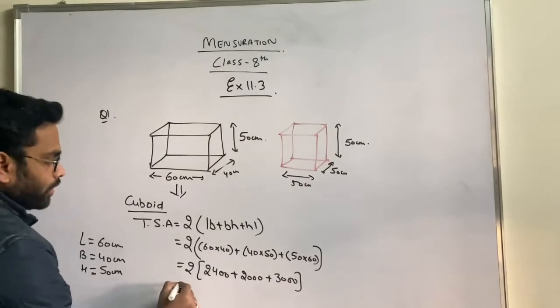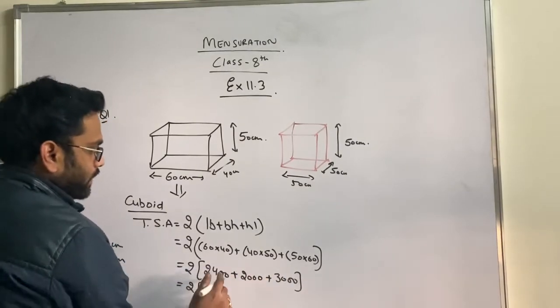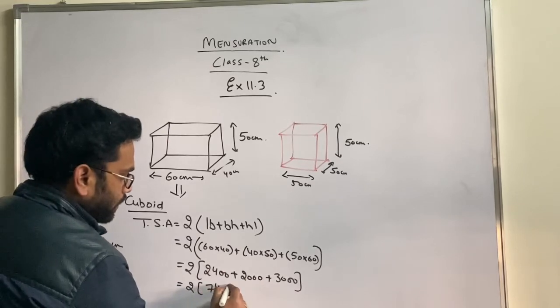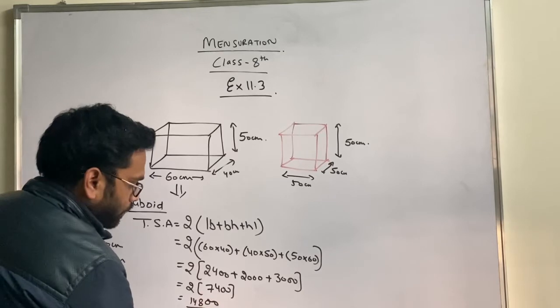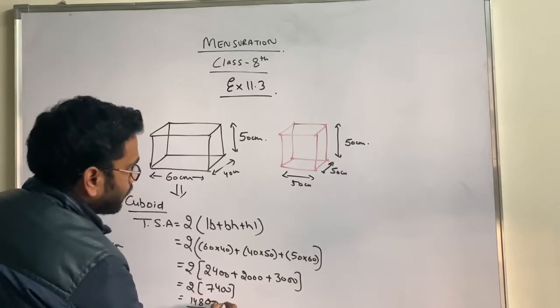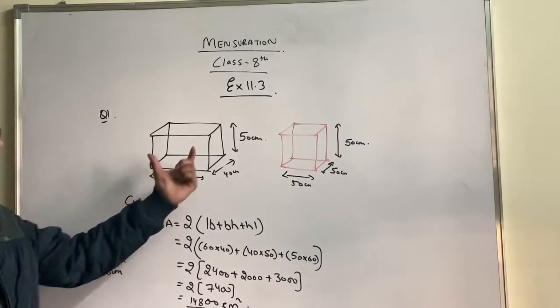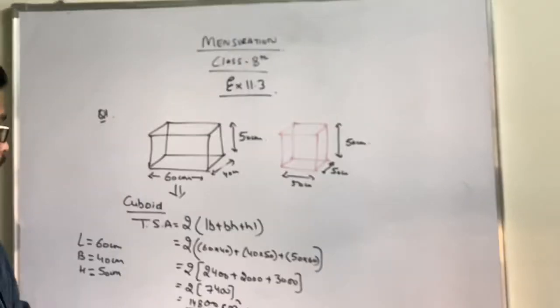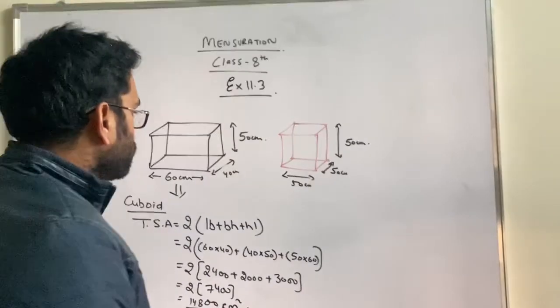After adding all this, you will get 5,000, 6,000, 7,000, 7,400. So you will get 14,800 centimeter square. So to make this cuboid, you need 14,800 centimeter square area.